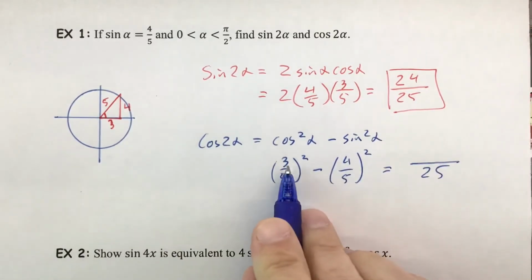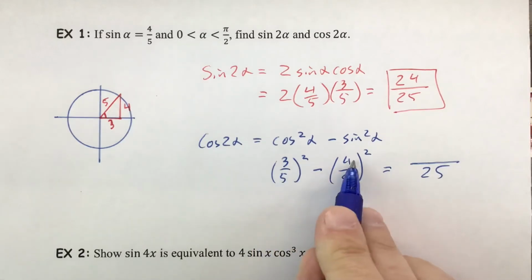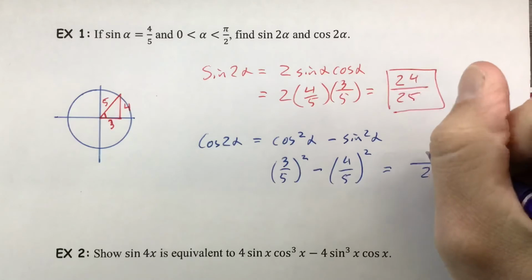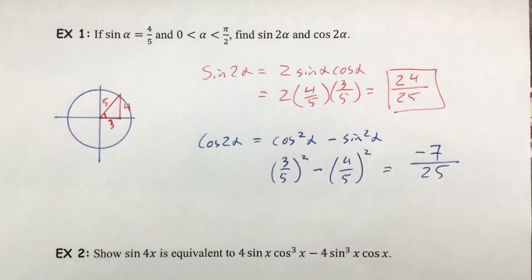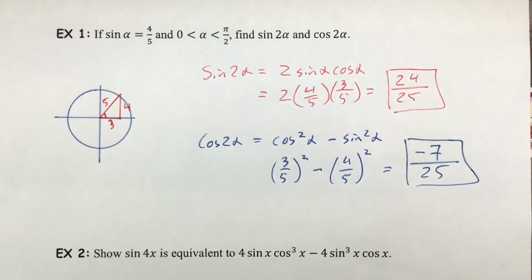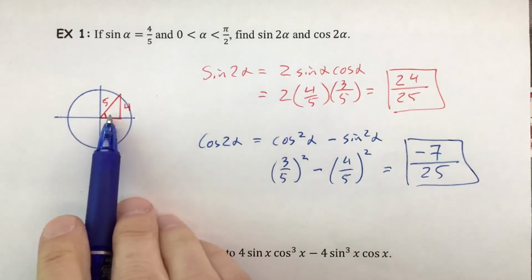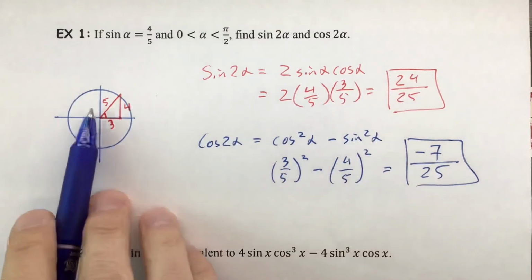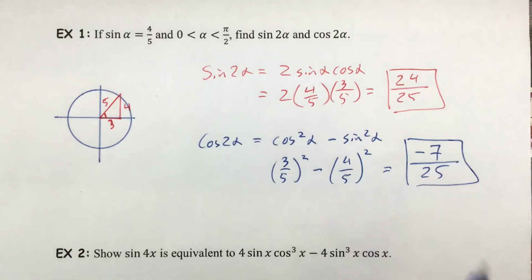The tops, you're going to end up with 9 minus 16, which is going to give you -7. Thinking about where that angle ends up in quadrant 2, that does match up because quadrant 2 is positive for sine, but it's going to be negative for cosine. Matches the values that we have.